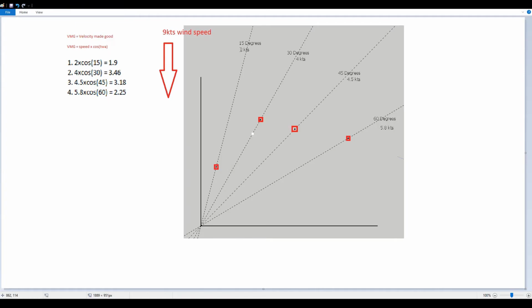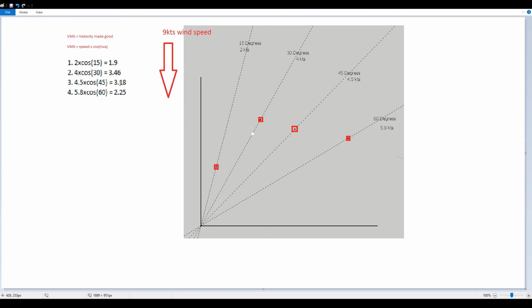At 15 degrees I get about 2 knots, 30 degrees 4 knots, 45 degrees 4.5 knots, and 60 degrees 5.8 knots. If you look straight away, which one looks like it's more upwind? It looks like this one here. And when we come across to our VMG, we note that it is in fact the best VMG. So at 2 knots we travel that far, at 4 knots that far, 4.5 there, and 5.8 there.